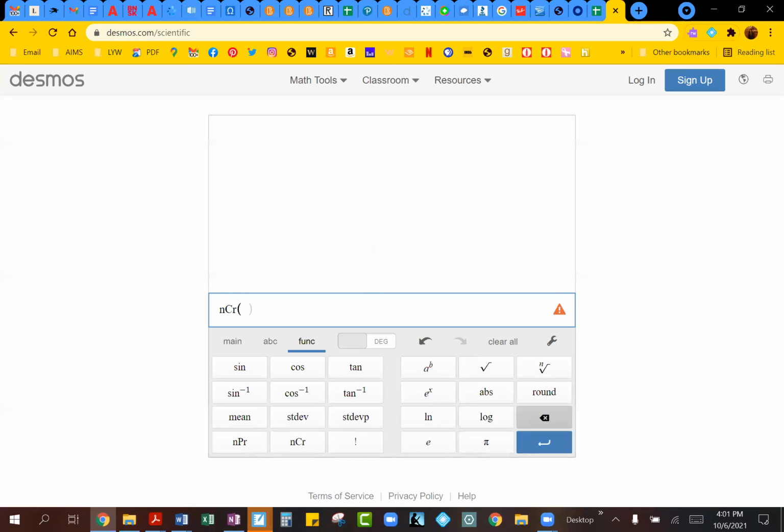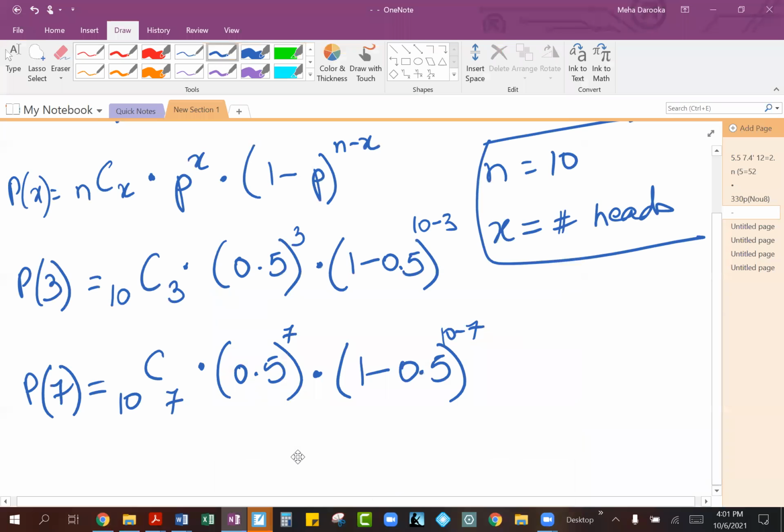So if you were doing my first experiment, which I had 3 heads out of 10 trials, you just have to type in nCr and then 10, 3, and you get 120. So that will be for this first part over here. This answer comes out to be 120, and then multiply it with 0.5 to the 3rd power.